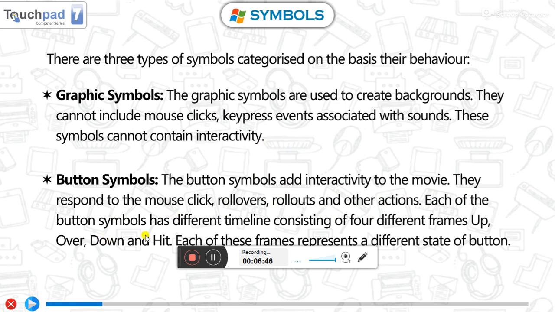Each button symbol has a different timeline consisting of 4 different frames. The 4 different frame states of a button symbol are up, over, down and hit.